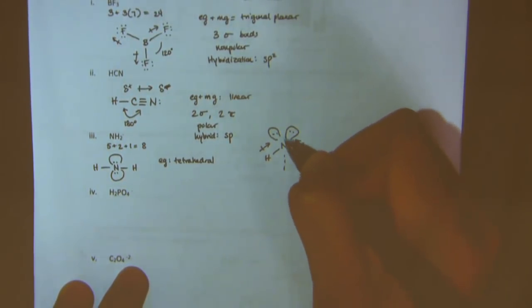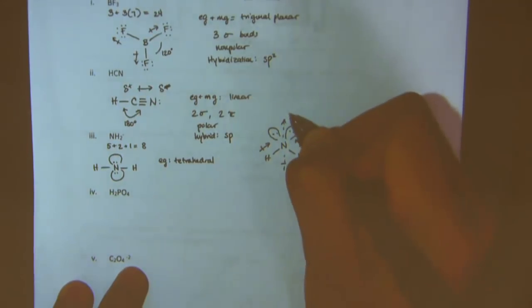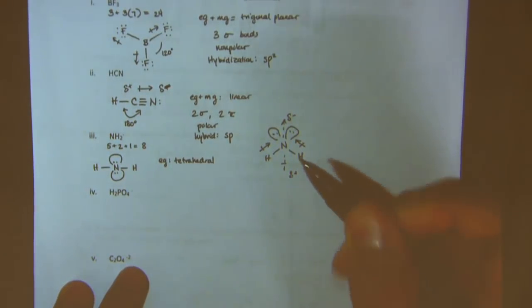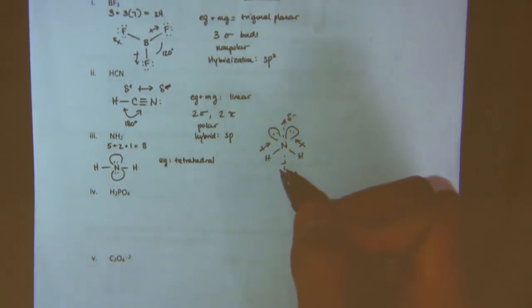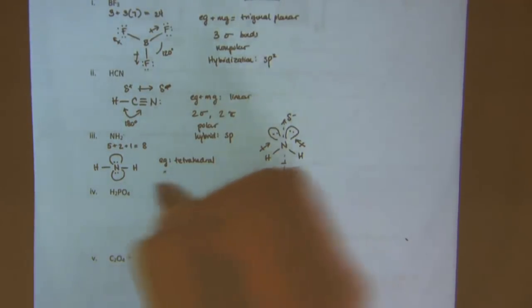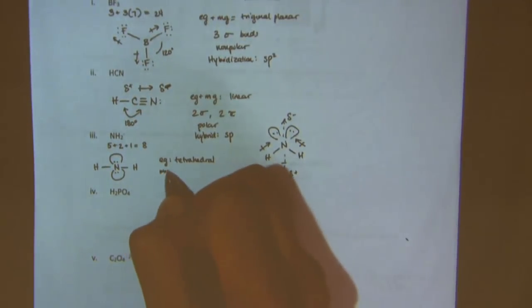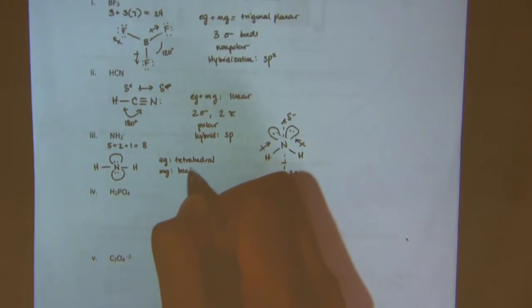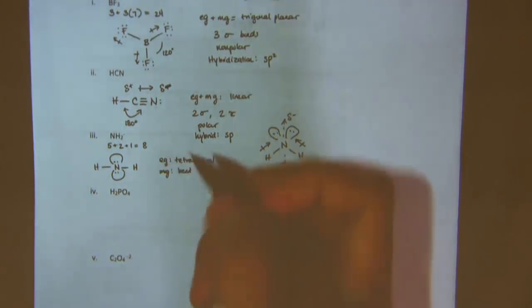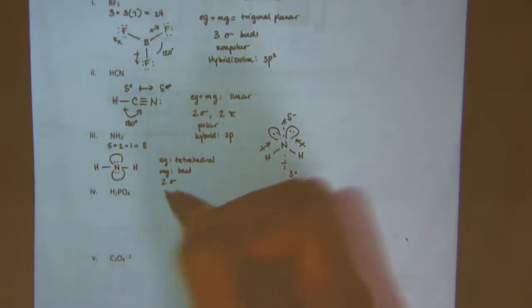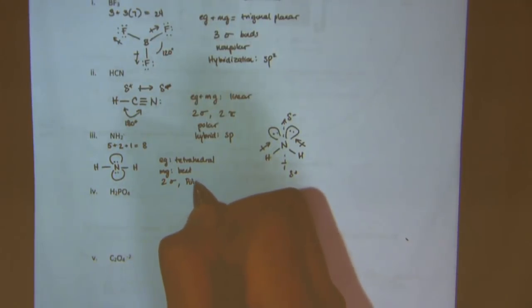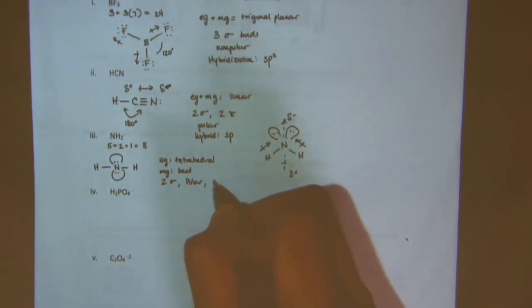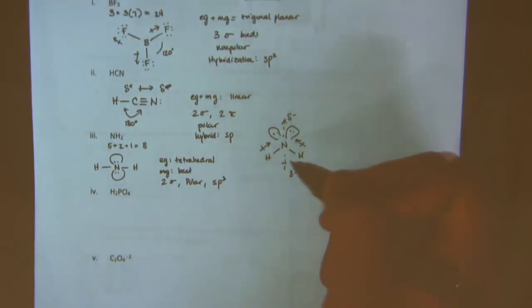So we would have a net dipole going this way. The molecular geometry in this case would be bent. We would count up the bonds, and we would see that we have 2 sigma bonds. It would be a polar molecule, and the hybridization would just be sp3, just by counting the electron groups.